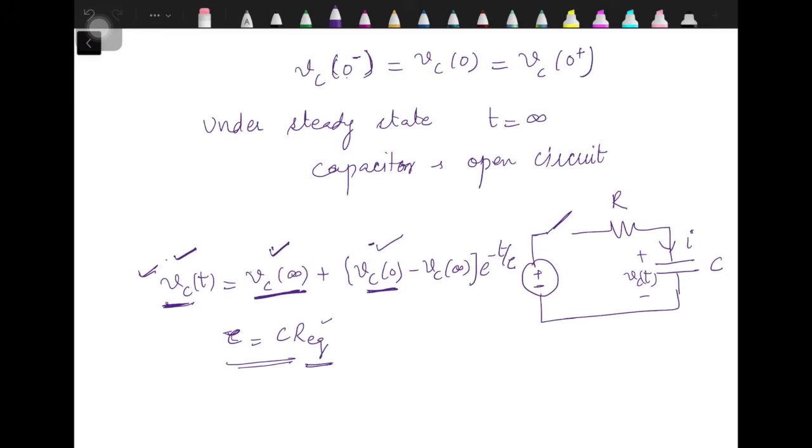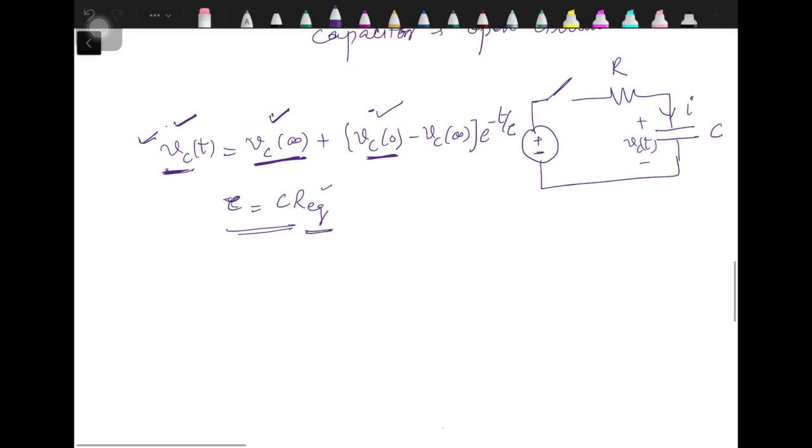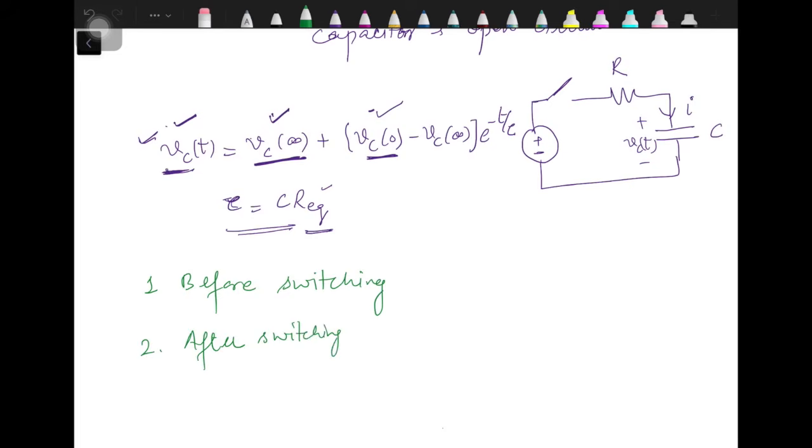Now in both the cases, whether it's an RL circuit or RC circuit, there are three major steps. We need to do the calculations before switching, then after switching, and the third step is we have to calculate the time constant.